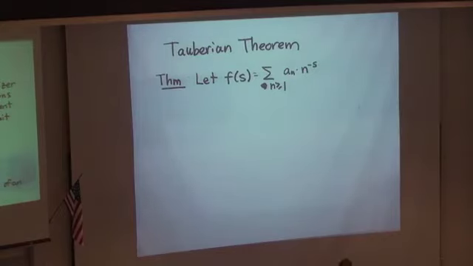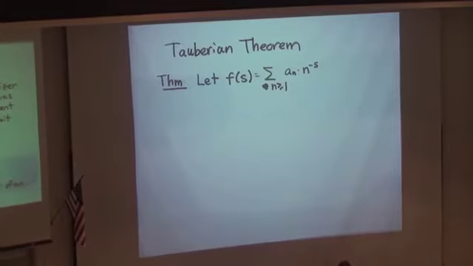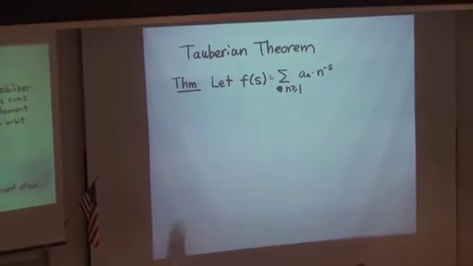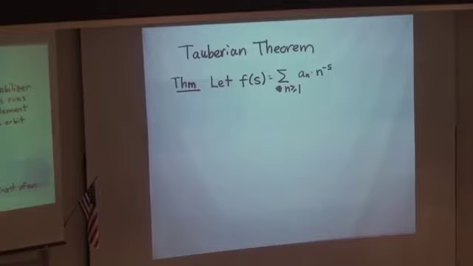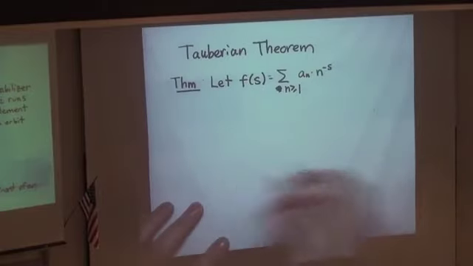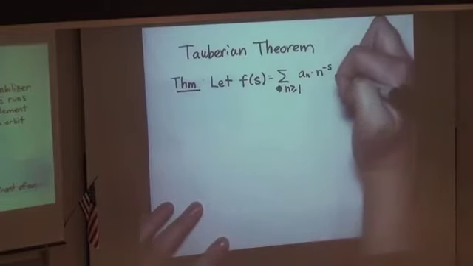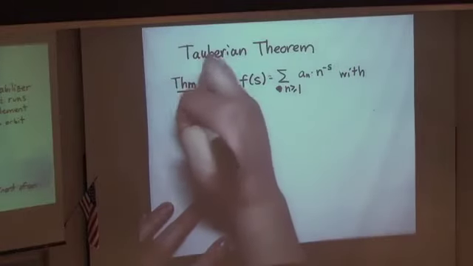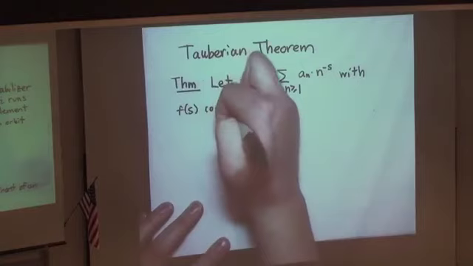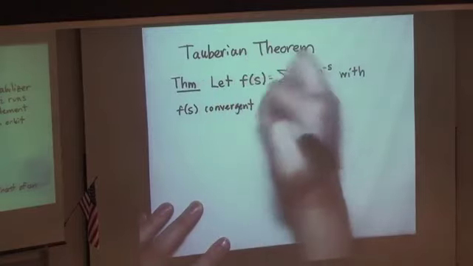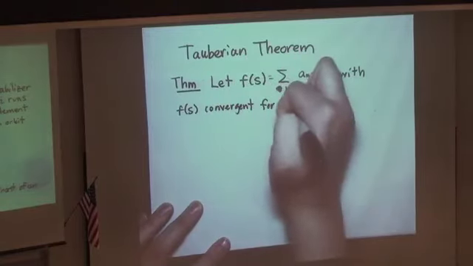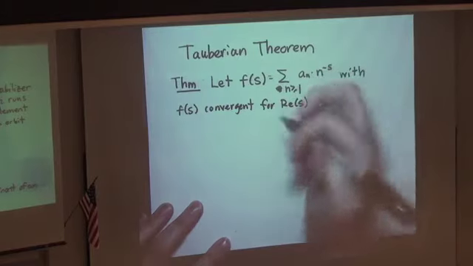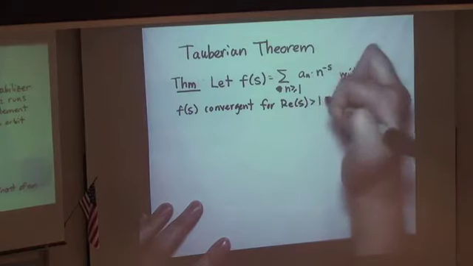But now I'm going to further suppose that this function has some sort of reasonable analytic behavior. So, with, say, F of s convergent for real part of s, say, greater than 1.